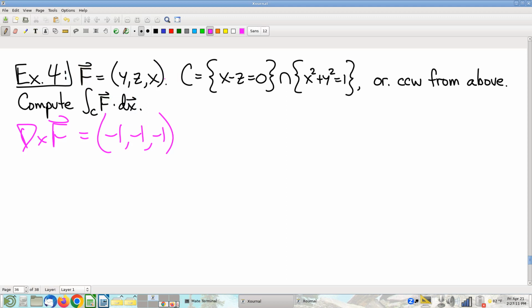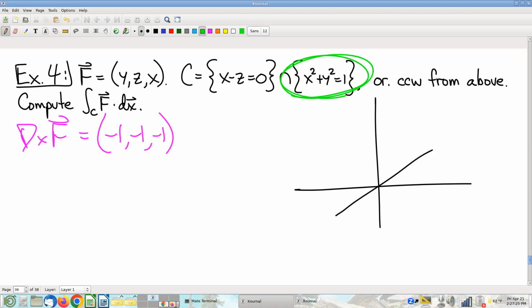My curve is similar, not the same, but very similar in that we're still looking at the same cylinder. We're still taking a plane cross-section of it.